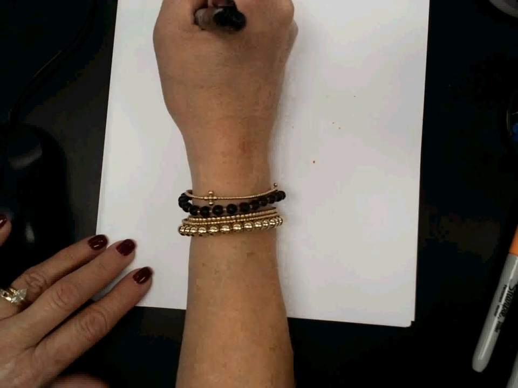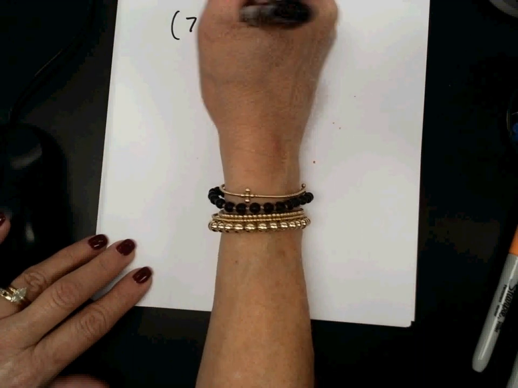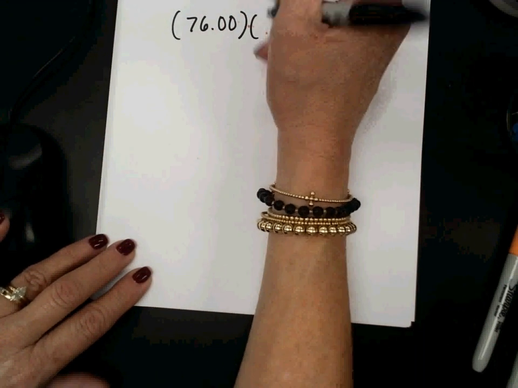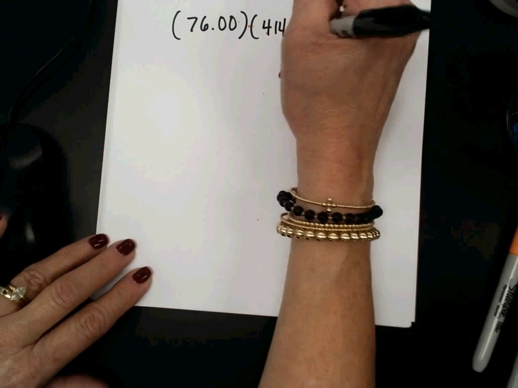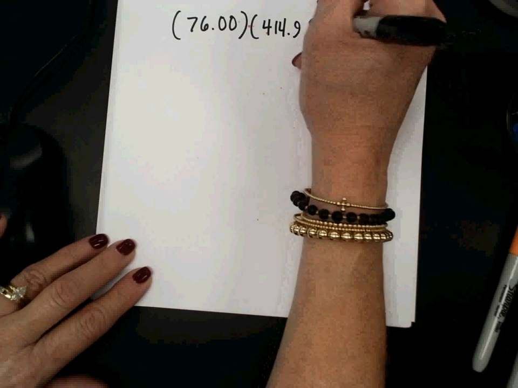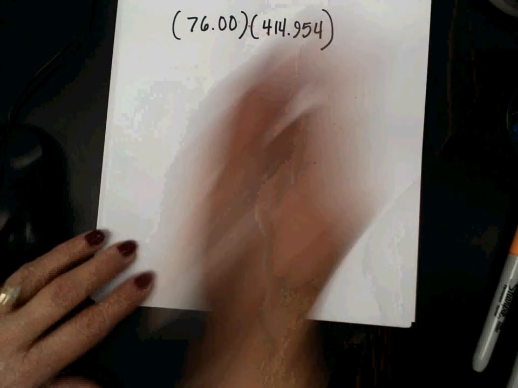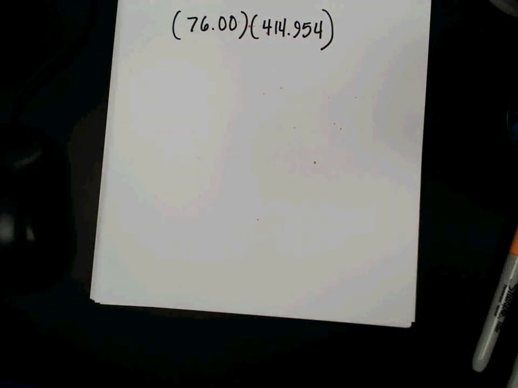All right, let me give you another one. You can try to work through it. We won't make it too hard: 76.00 times... Okay, now see if you can work through it, and then we'll talk about it.